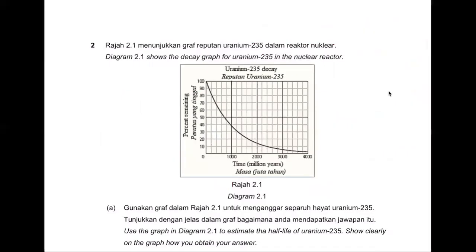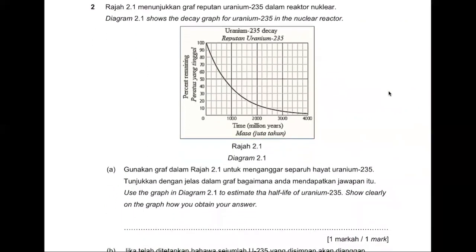So we move on to the second question here. The diagram 2.1 shows the decay graph for uranium-235 in the nuclear reactor. Use the graph in diagram 2.1 to estimate the half-life of uranium-235. Show clearly on the graph how you obtain your answer.